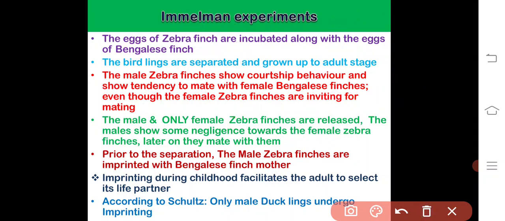So that indicates that prior to the separation of these small zebra finchlings, the male zebra finches are imprinted with the Bengali finch mother. Imprinting during childhood facilitates the adult to select its life partner. It is a very important point to be remembered.